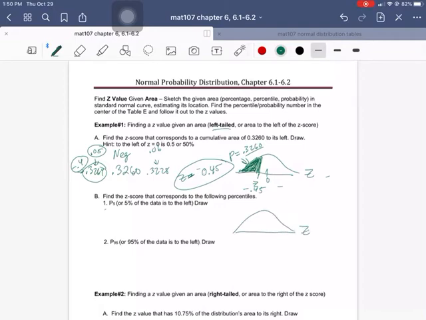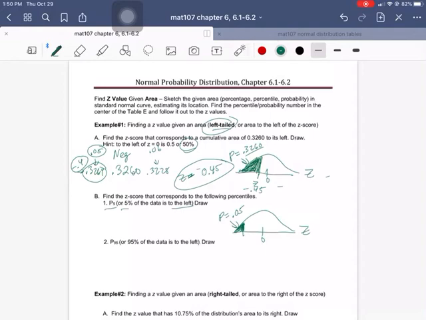All right, what if it says something like P5? P5 stands for 5% of data to the left. 5% is a little tiny amount. This was 50%. This is 5%. So down here, we're still in the left examples, okay? Down here is an area of 0.05, right? We want to know what this z-score is.